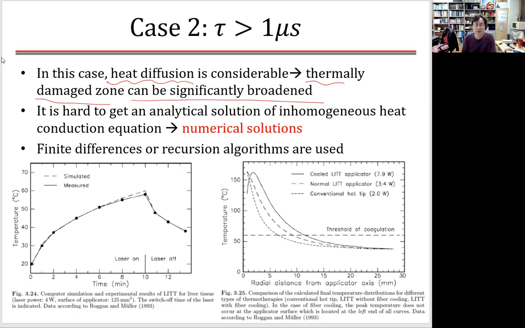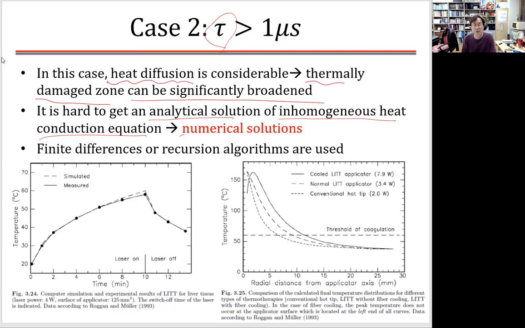For the case of heat diffusion, when τ is longer than 1 microsecond, it's hard to get an analytical solution from the inhomogeneous heat conduction equation, which you have seen in the previous slide.